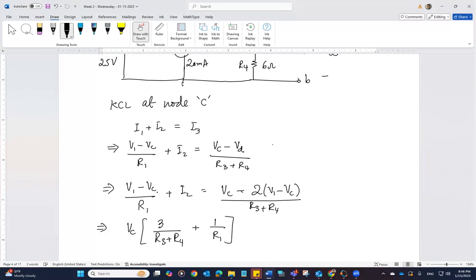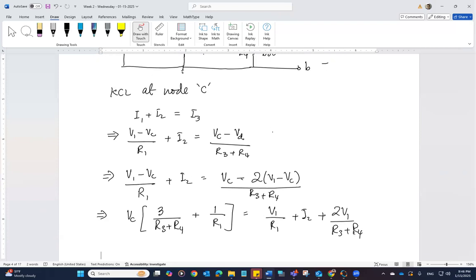On the left side, I'm going to take negative 2V1, so I have V1 over R1 plus I2 plus 2V1 over R3 plus R4.